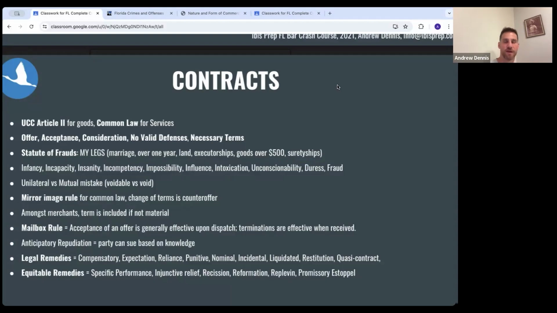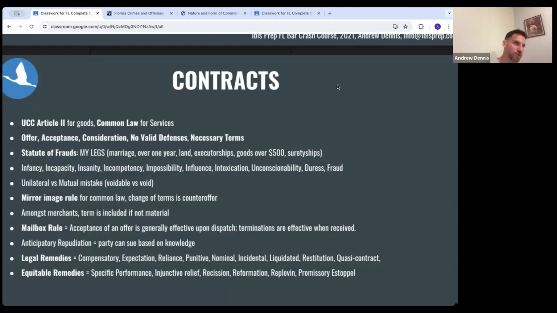The main defense that they always talk about is the statute of frauds. So marriage, contracts that cannot be completed within 1 year, contracts for land, executorship, goods over $500, suretyships, contracts for healthcare guarantees or life insurance in Florida.